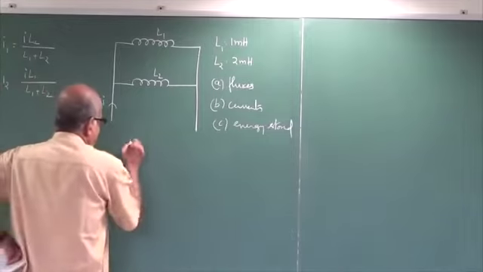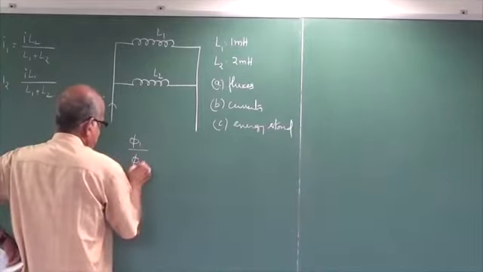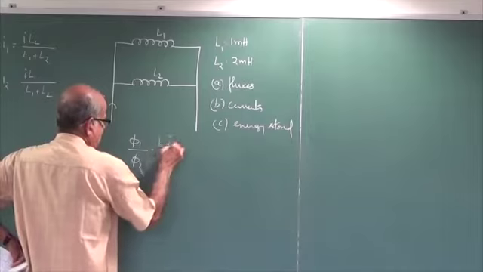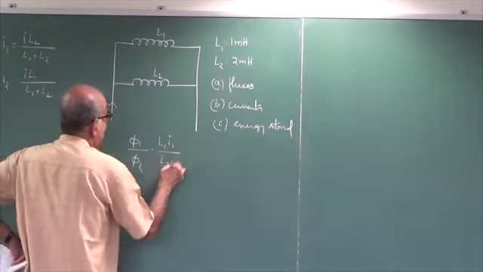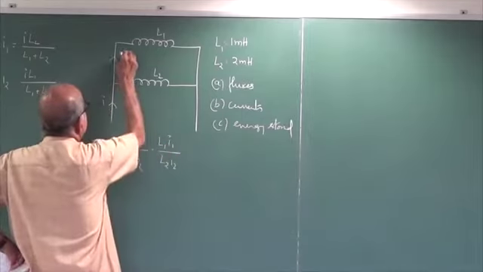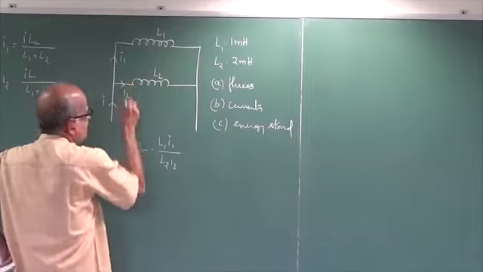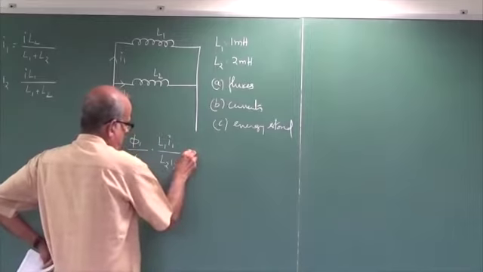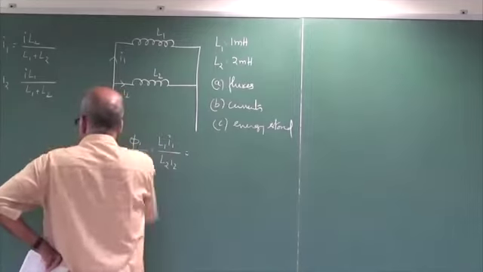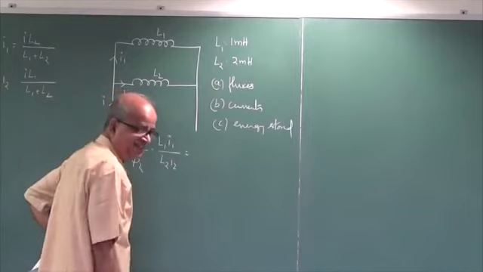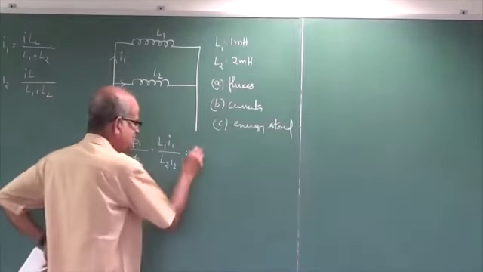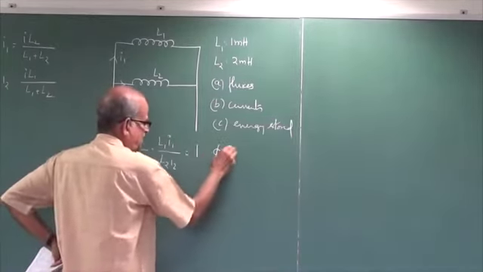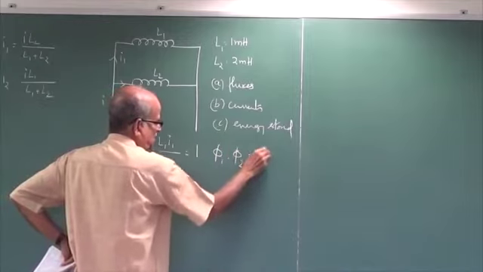See, phi1 by phi2 is L1 I1 by L2 I2. But we have already said that L1 I1 equals L2 I2 when they are parallel. So phi1 is to phi2 as 1 is to 1.